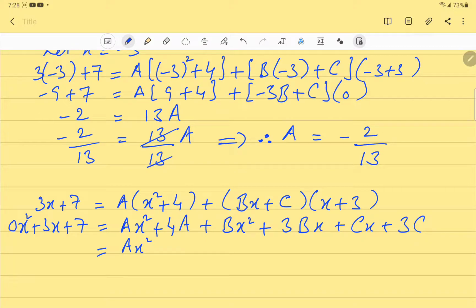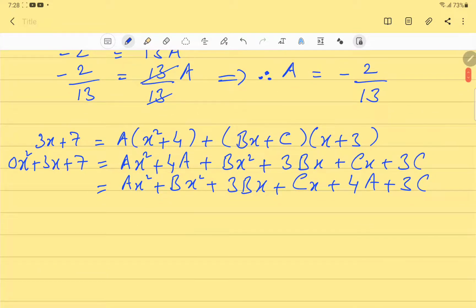So it is Ax² + Bx² + 3Bx + Cx + 4A + 3C. We have x² common in the first two terms, and in the next two terms we have (3B + C) into x, and then 4A + 3C.